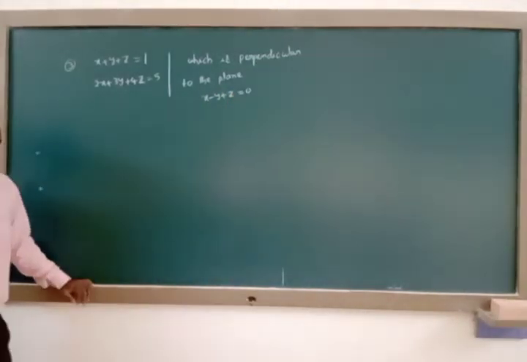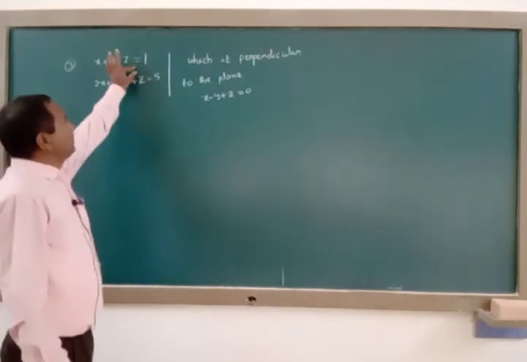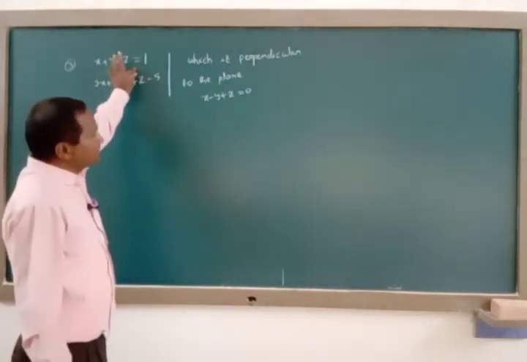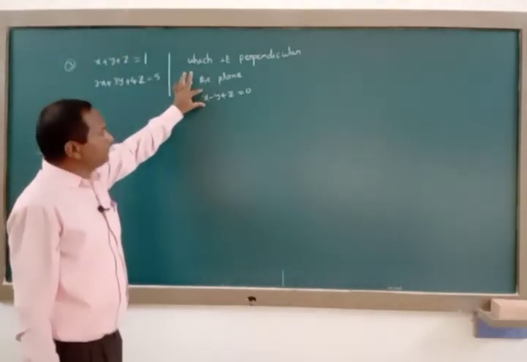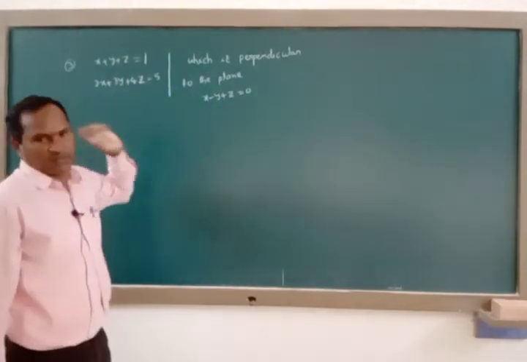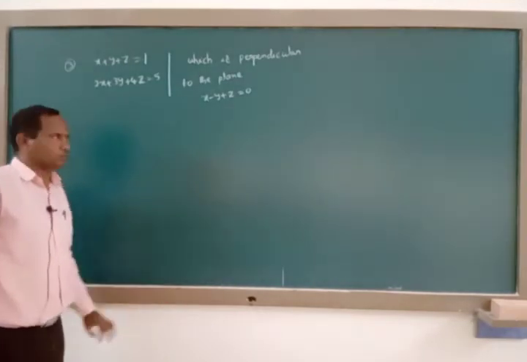A plane must be passing through the point of intersection of these two planes and at the same time be perpendicular to the plane x minus y plus z is equal to 0.